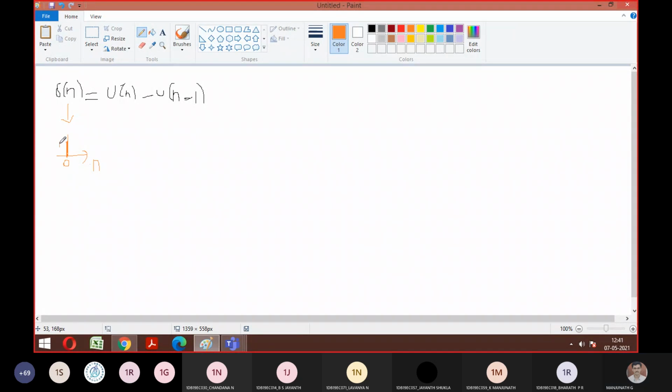If I say unit, then the amplitude will be 1. If I say only delta function, only impulse function, it will go like this, and you can give an arrow mark, but you can't mention the 1 that time. I hope you got the difference. If it is unit impulse, you can write amplitude 1. If it is just impulse, you can show the continuity of the graph. Is it okay, everyone?